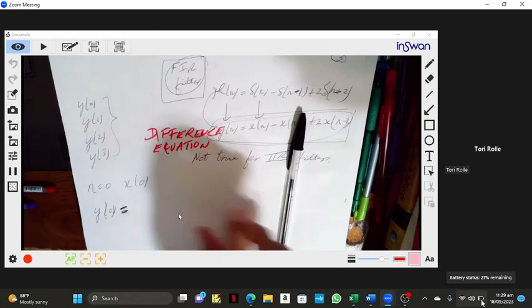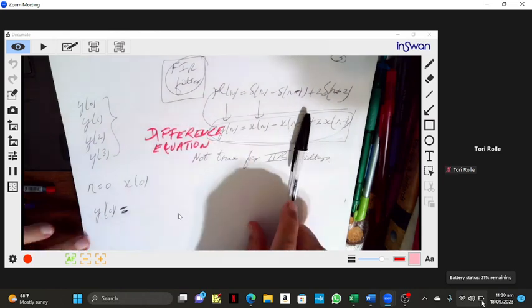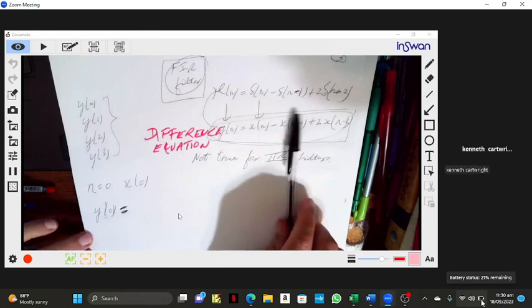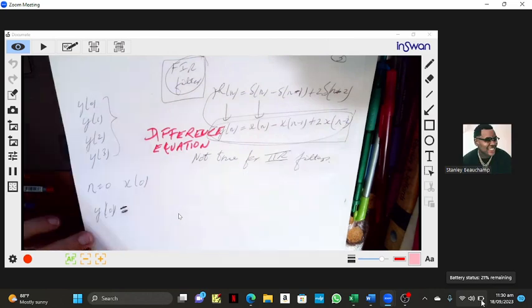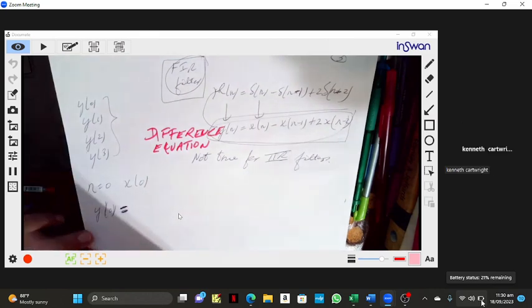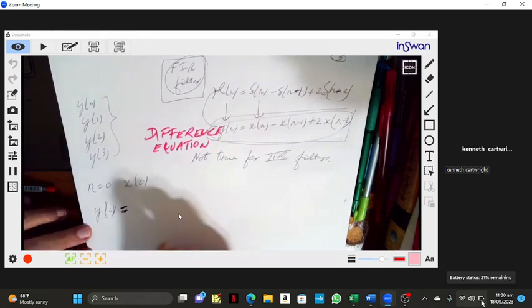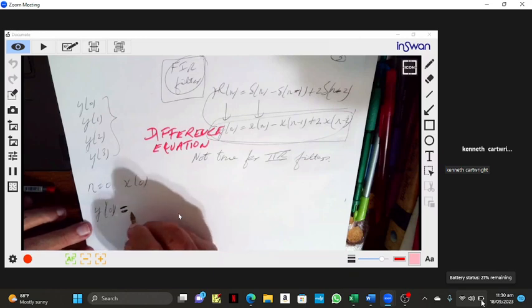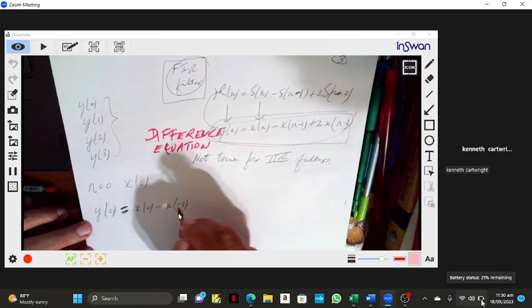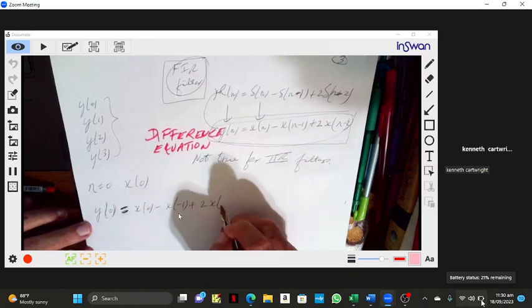By substituting in the difference equation. Wherever you see n, you put 0. Y of 0 equals x of 0 minus x of -1 plus 2x of -2.